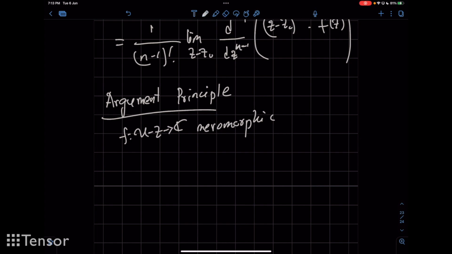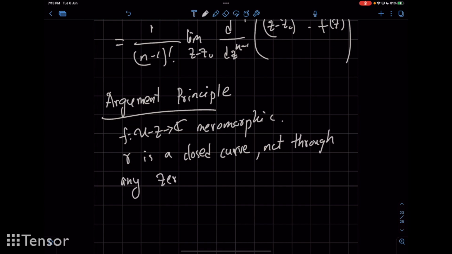So f is a meromorphic function, and gamma is a closed curve that does not go through any of the zeros or poles of f.